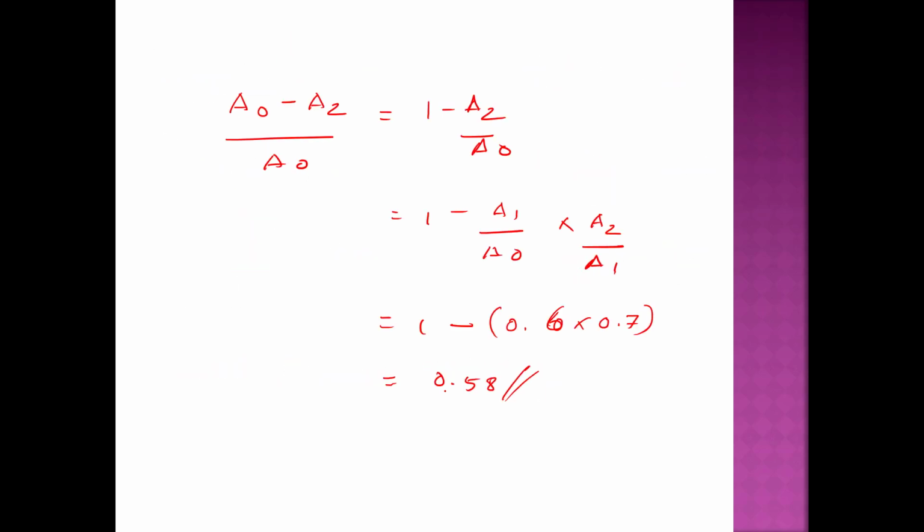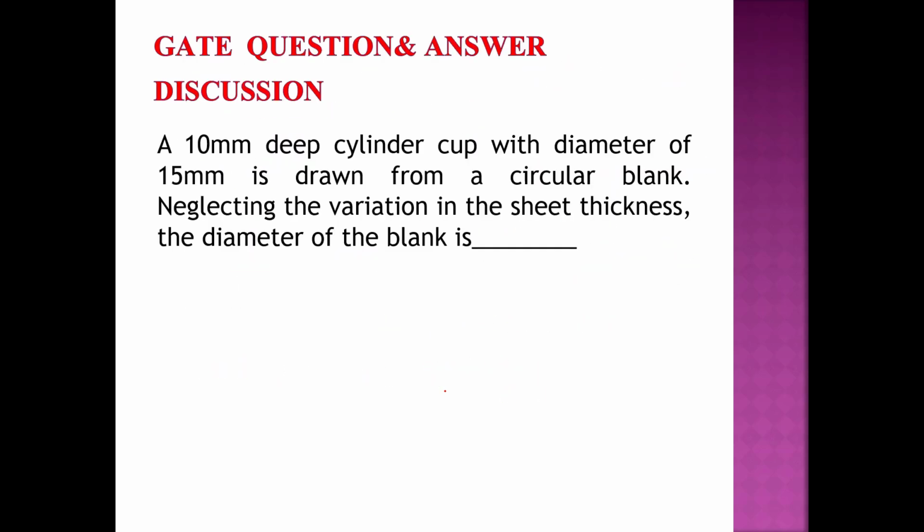Okay. The next question is: a 10 mm deep cylindrical cup with a diameter of 15 mm is drawn from a circular blank. Neglecting the variation in the sheet thickness, the diameter of the blank is?